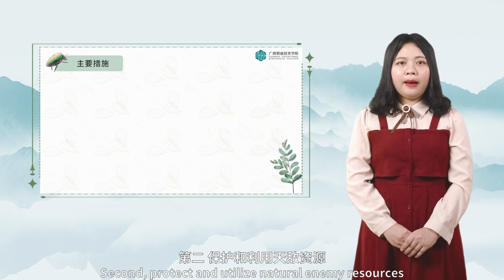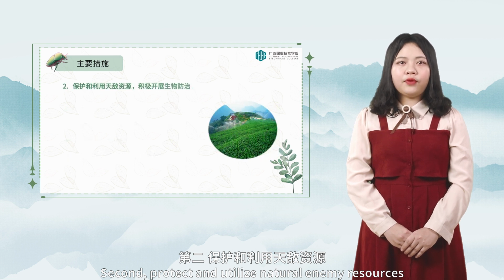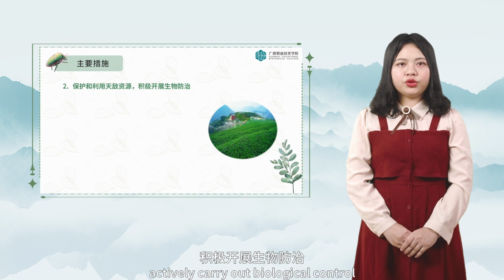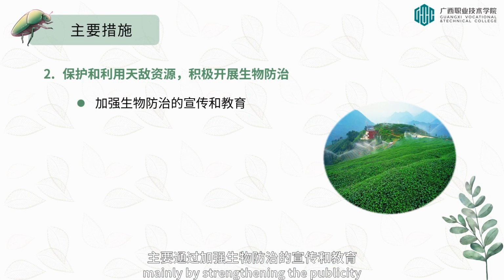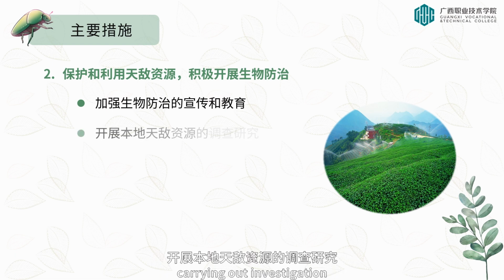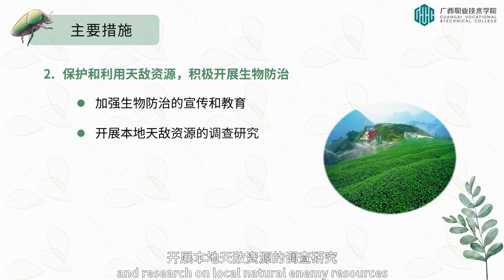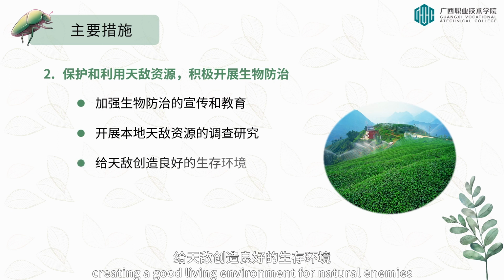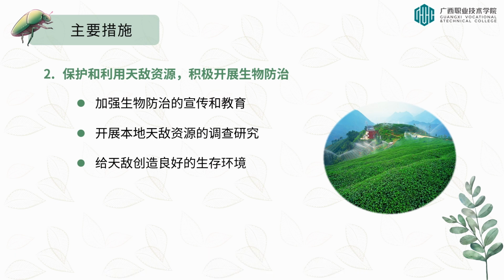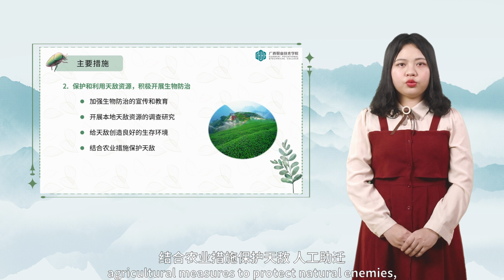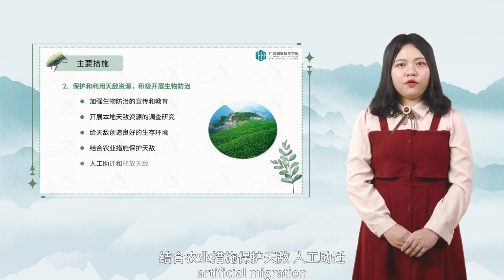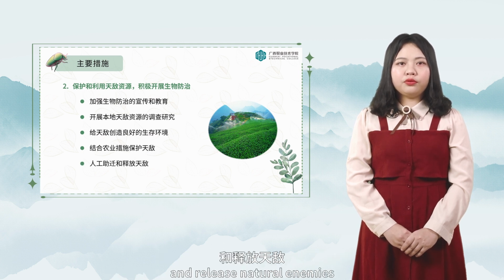Second, protect and utilize natural enemy resources. Actively carry out biological control, mainly by strengthening the publicity and education of biological control, carrying out investigation and research on local natural enemy resources, creating a good living environment for natural enemies, combined with agricultural measures to protect natural enemies, artificial migration, and release natural enemies.